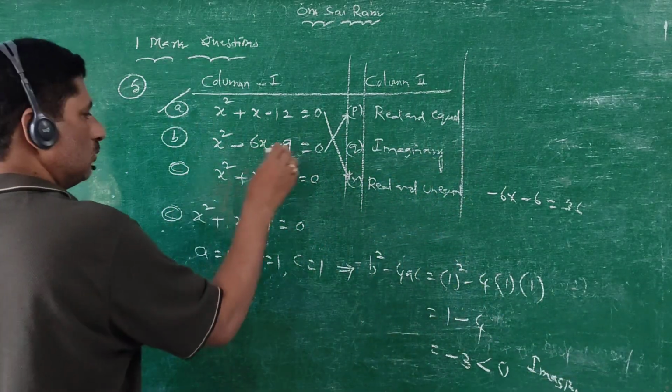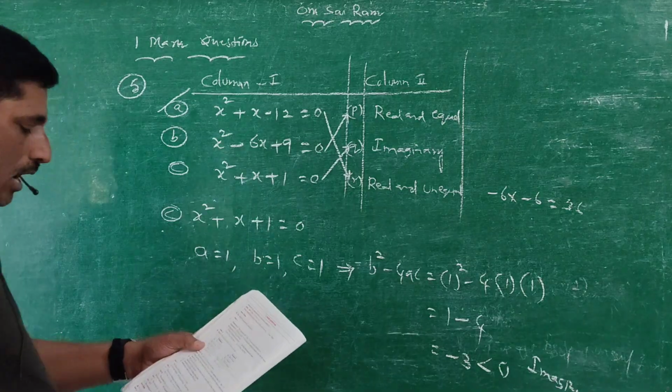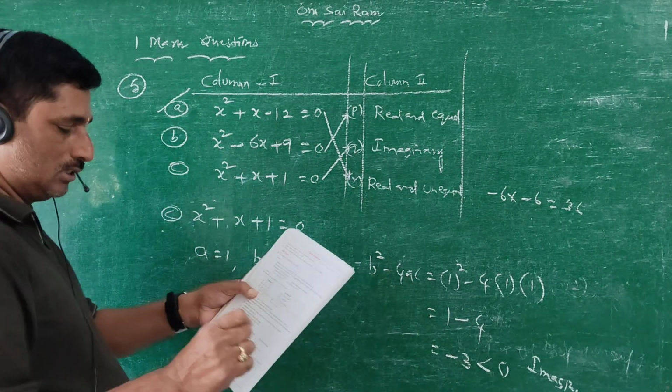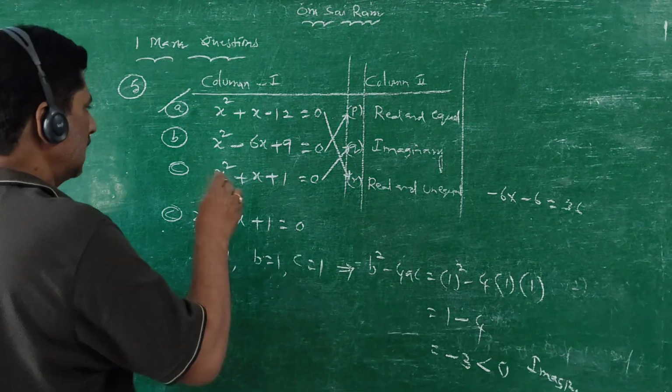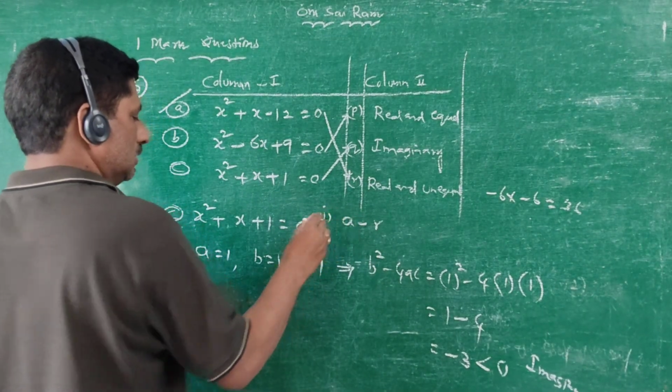So which option is C to match? Q. Okay, what are the given options here? A to R, they gave some options here. Which option is the correct option? A to R is the first.